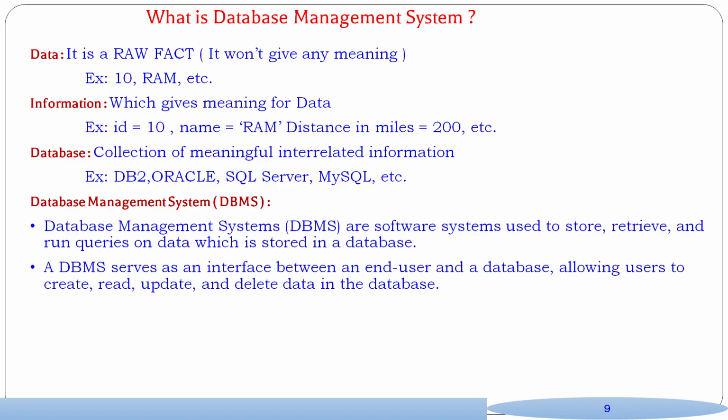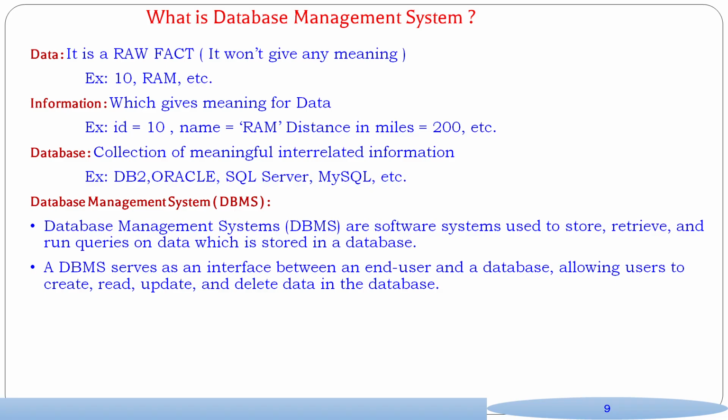It serves as an interface between the end user and the database. We are all normal end users, and the DBMS serves as an interface between the end user and the database. Whatever data is stored in the database, the user can interface with it through the DBMS, that is, the database management system. It allows users to create, read, update, and delete data in the database. There are so many operations available in a DBMS.